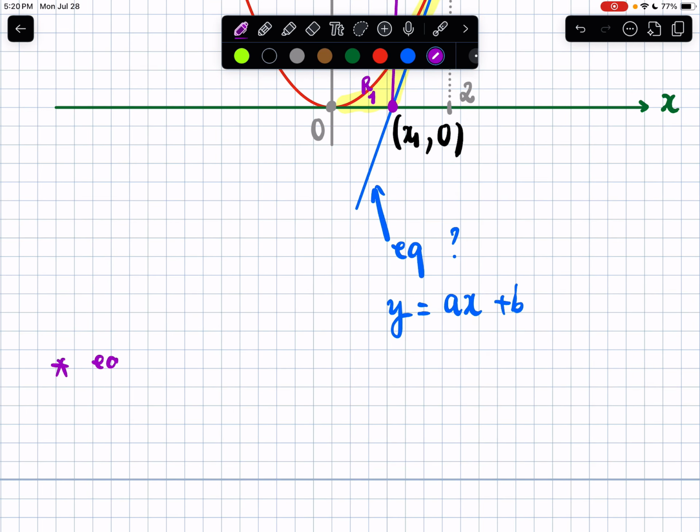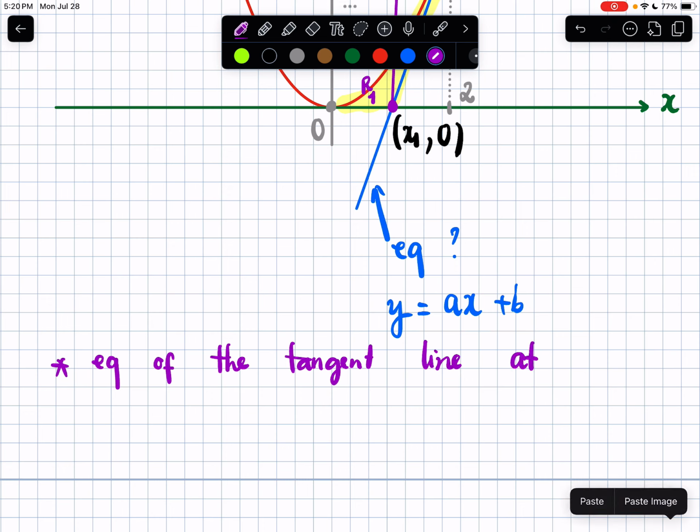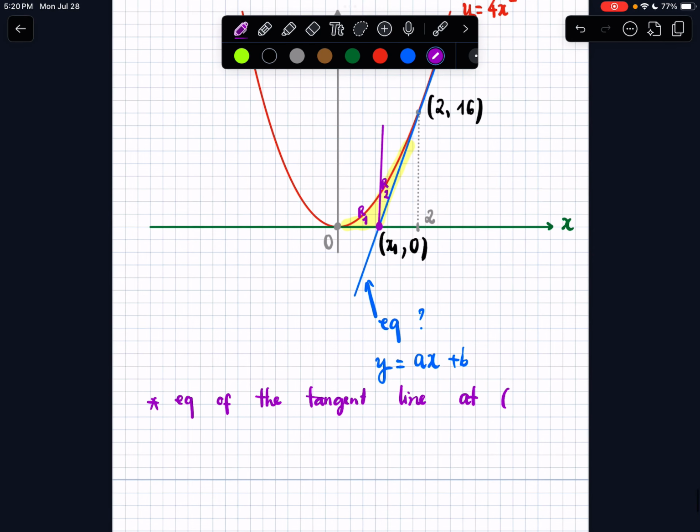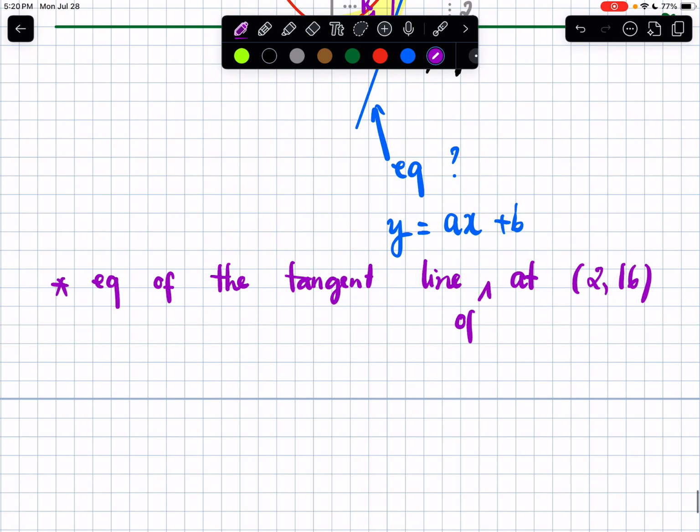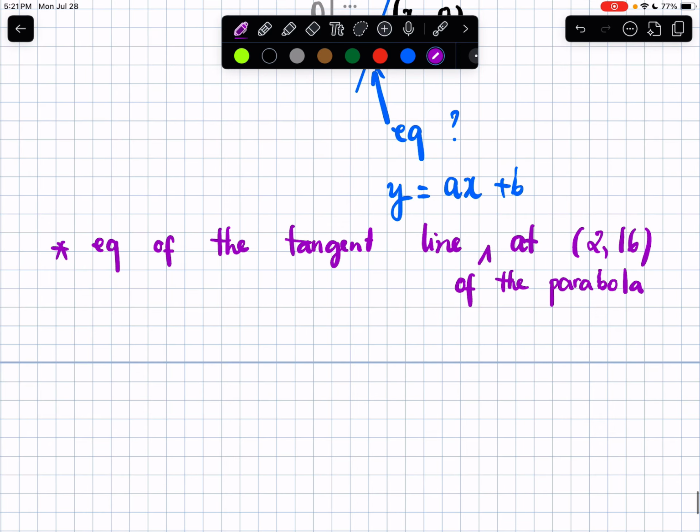The equation of the tangent line of the parabola at the point (2, 16).